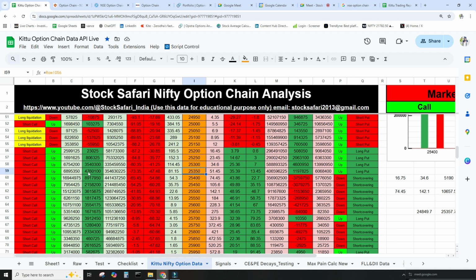The new contracts building is around 47 lakhs actually. So with these 47 lakh contracts, these people are expecting the market can fall further, since they are writing their call positions. So they are expecting this 81 rupees can go down to 50 rupees, because call writers make money if from the present price it goes down from 81 rupees to 50 rupees, then only these people are able to make money.